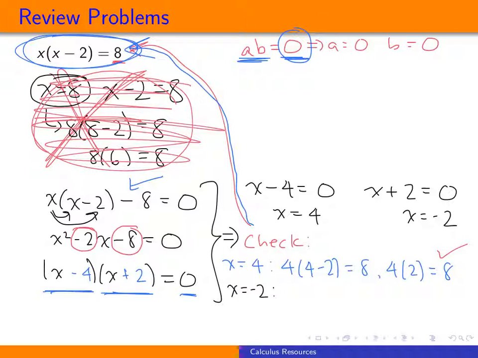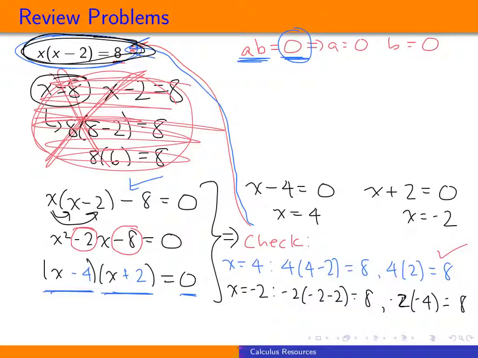Now let's check x equal to negative 2. When I plug it into that original equation, again up here, I plug negative 2 in for x, and I get negative 2 times (negative 2 minus 2) is equal to 8. That says that negative 2 times negative 4 is equal to 8, which again is a true statement.